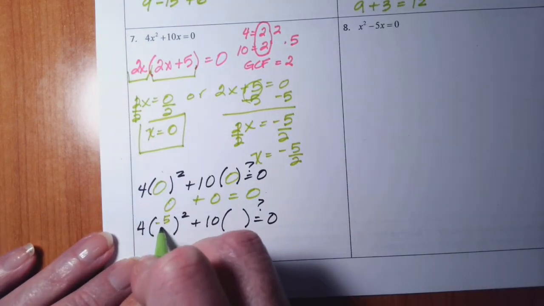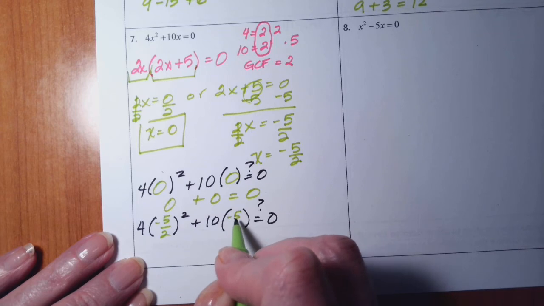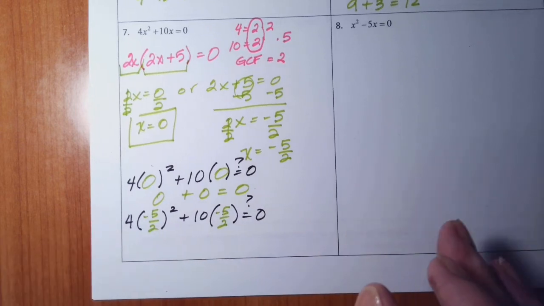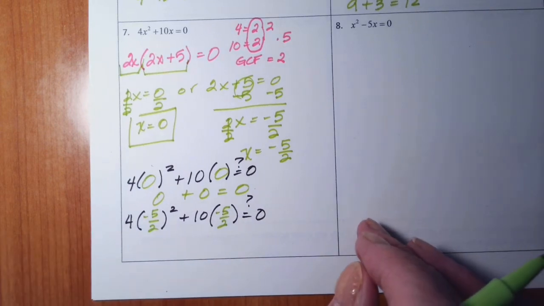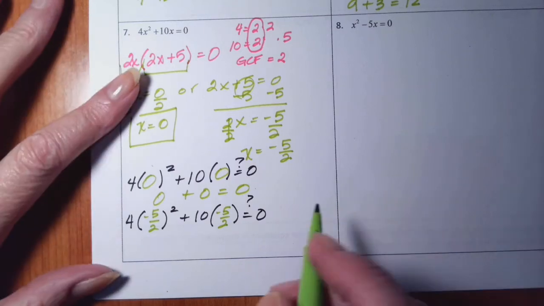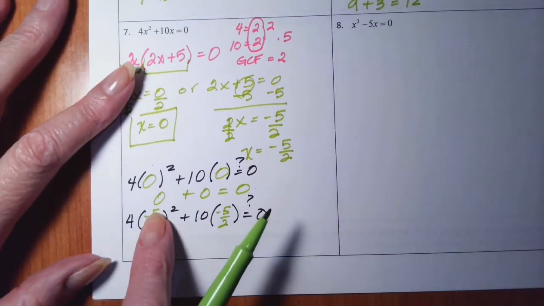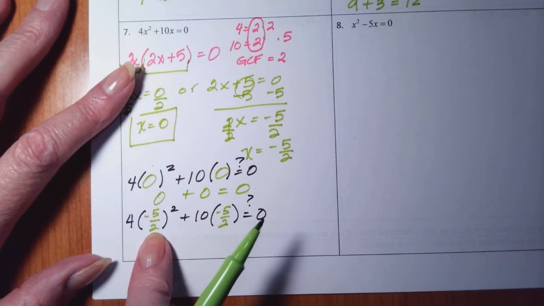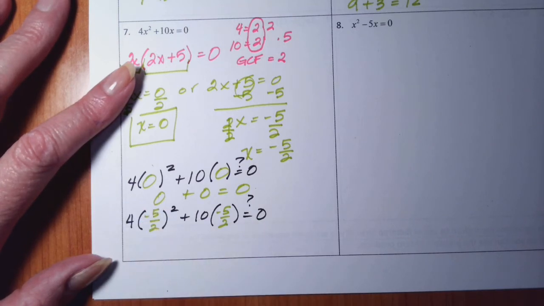Now let's do the -5/2. Your calculator can probably help you out with this, but I'm just going to do it manually. 5/2 times 5/2 is 25/4.